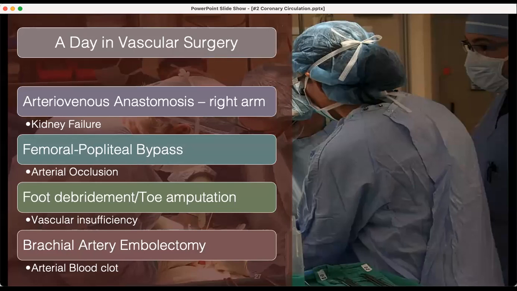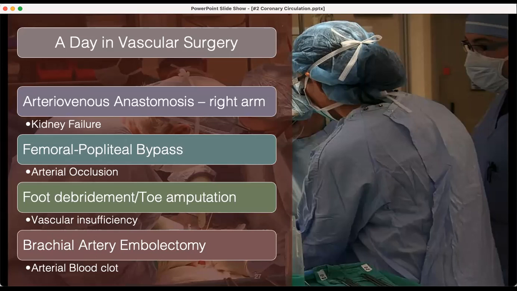I'm going to go through just a few case examples for patients in the operating room. These four were the listing, my cases for one of the days when I was working in vascular surgery. One was called an arterial venous anastomosis. That's when you're combining an artery and a vein to create a shunt for putting a patient on dialysis.